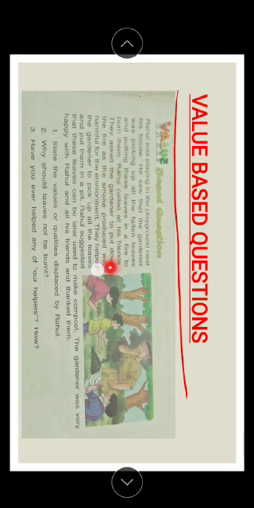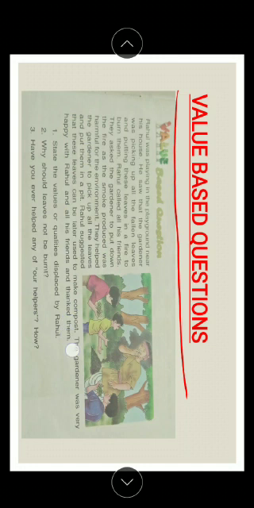Rahul called his friends. When Rahul saw this, he called his friends. And all these boys, Rahul and these two friends, they asked the gardener to put down the fire as the smoke produced was harmful for the environment.